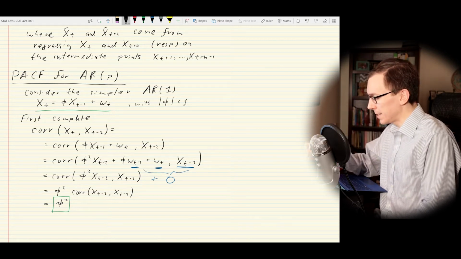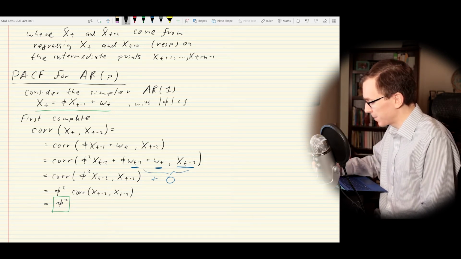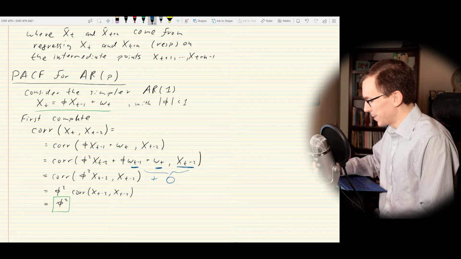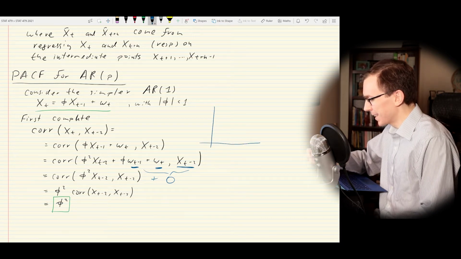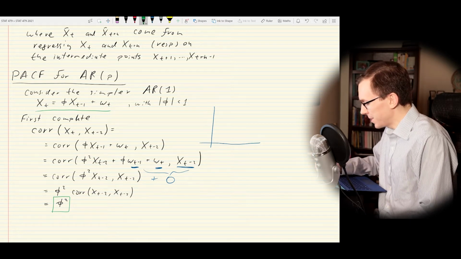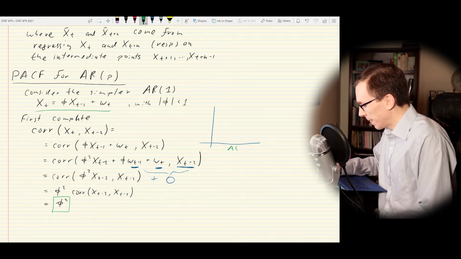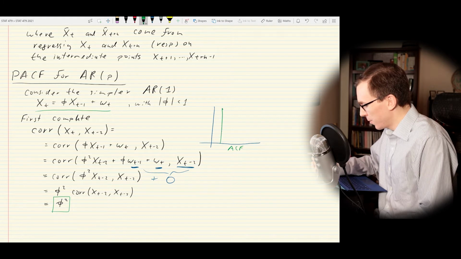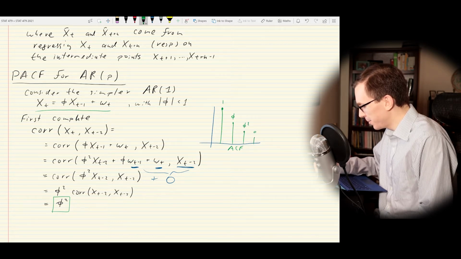Which does make sense, because as I mentioned last time, just to make sure we're still doing the same thing that we think we're doing, I was hinting that for an AR1 process, what you should see for the ACF is a value of 1, and then a value of phi, and then phi squared, and then phi cubed, and so on.